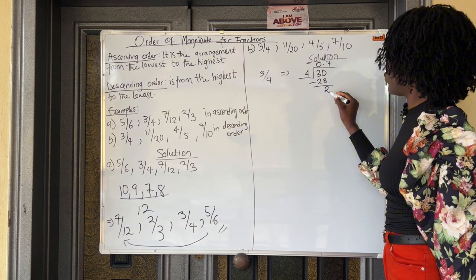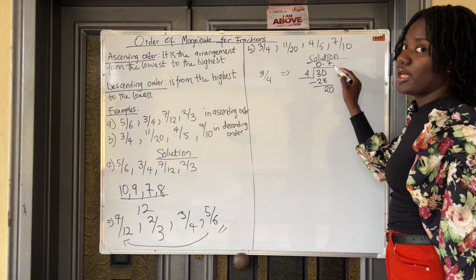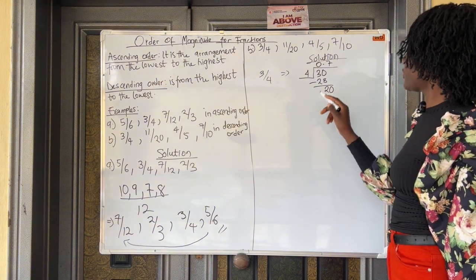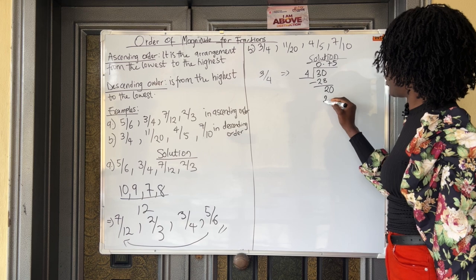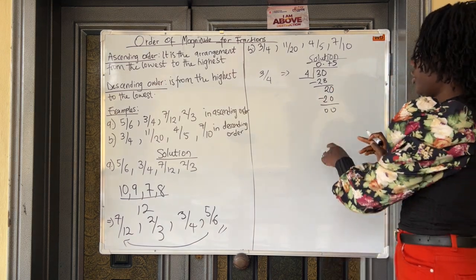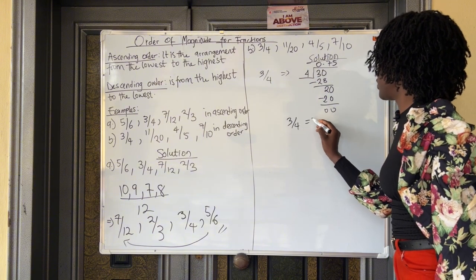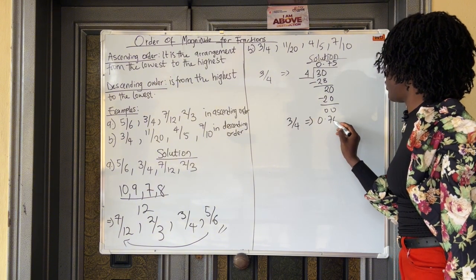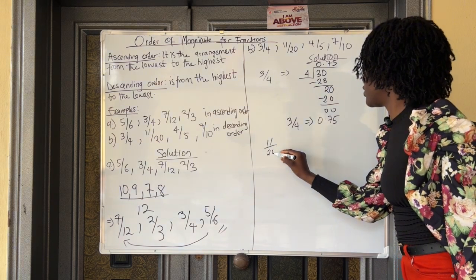This will give us 2. We're going to add another 0. Note, you're not going to put a decimal point here for this 0. 4 divided into 20, that's 5. 5 times 4, 20. This will give us 0. We are done because the remainder is 0. So we can conclude that 3 over 4 is 0.75.